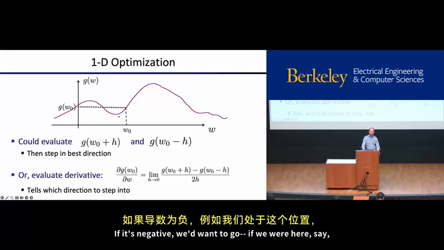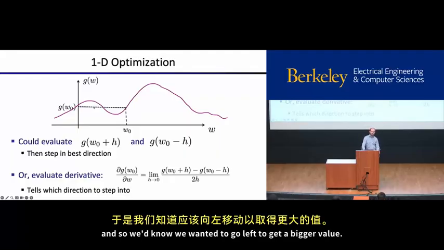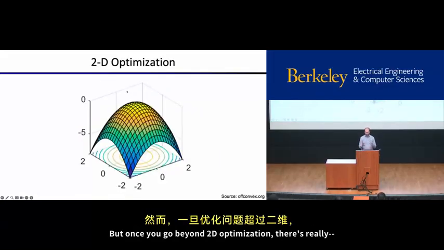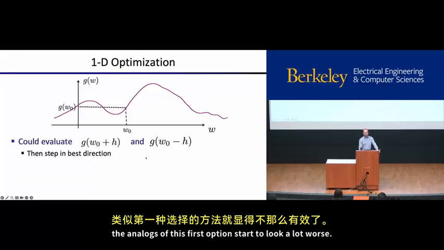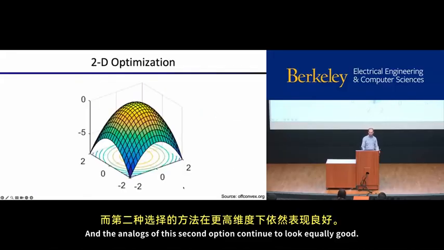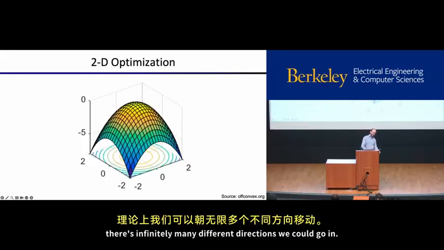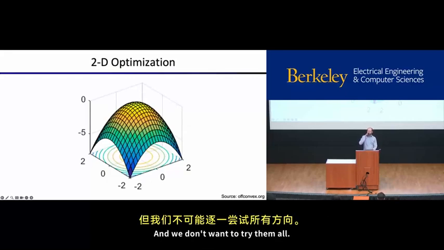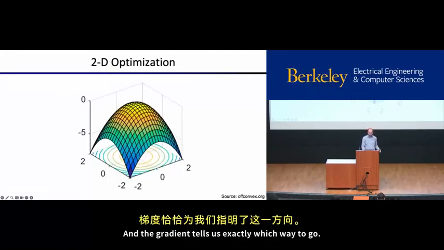If it's negative, say if we were here, then we'd know we wanted to go left to get a bigger value. But once you go beyond 2D optimization, the analogs of the first option start to look a lot worse, and the analogs of the second option continue to look equally good. If we were over on the side here, there's infinitely many different directions we could go in, and we don't want to try them all. We just want to know which way to go, and the gradient tells us exactly which way to go.